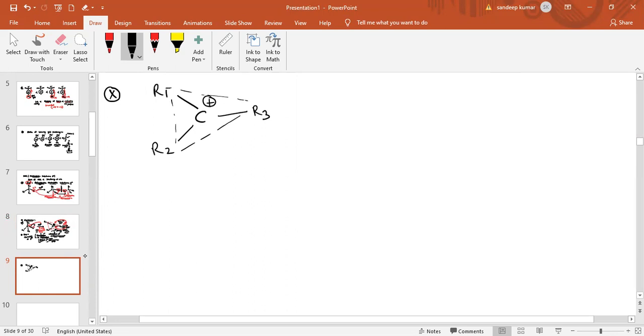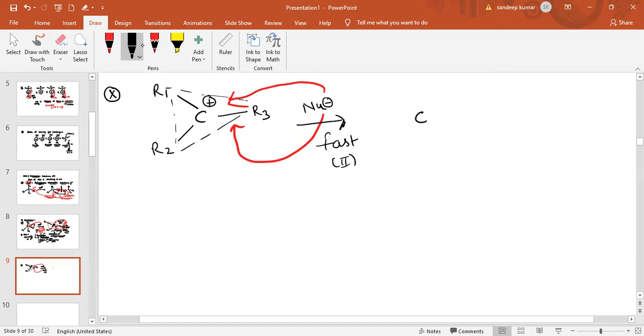When the nucleophile attacks from above the plane and from below the plane, two possibilities of products are there. This second step is the fast step.